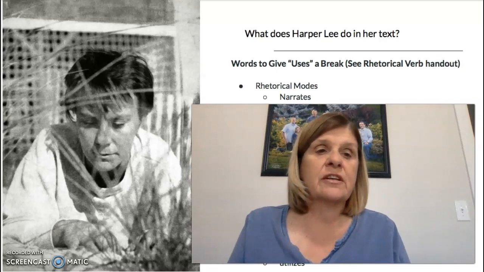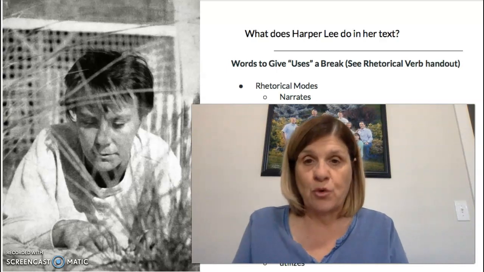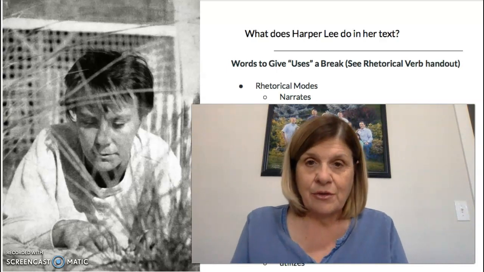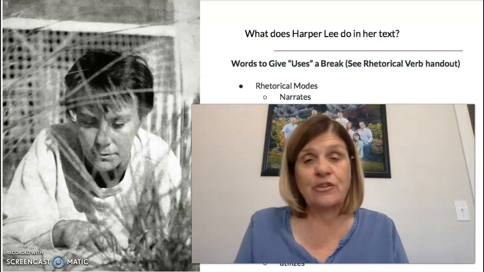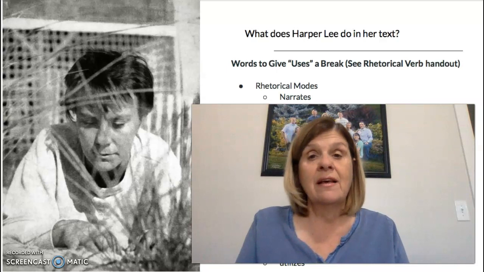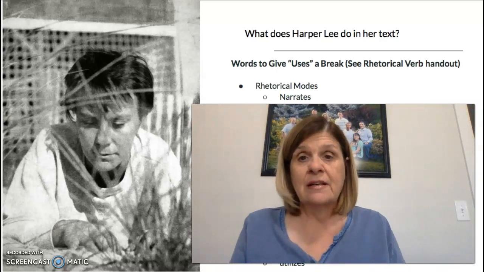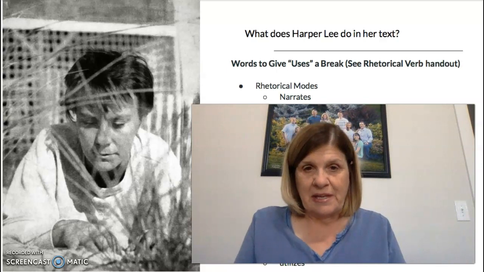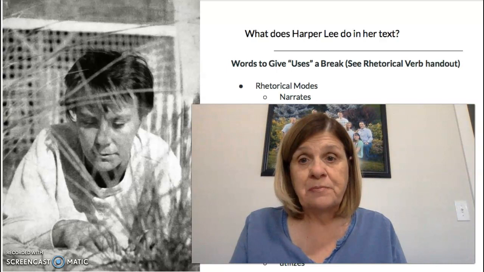One of the things that you will find is she weaves so many rhetorical modes into her writing. Like she'll have examples. She's great at storytelling, of course. She exemplifies ideas in a creative way through the voice of a 6-year-old narrator.